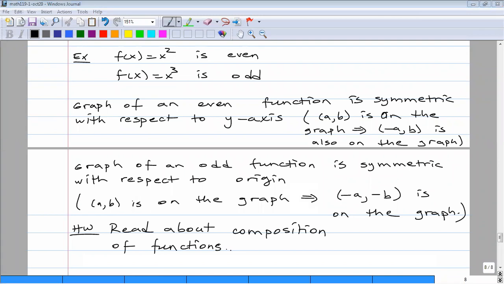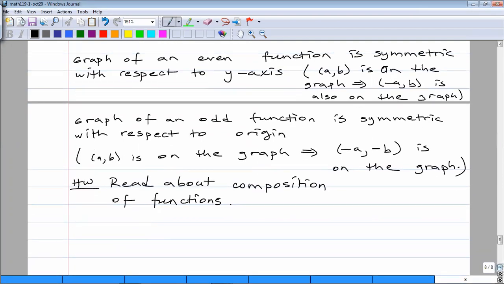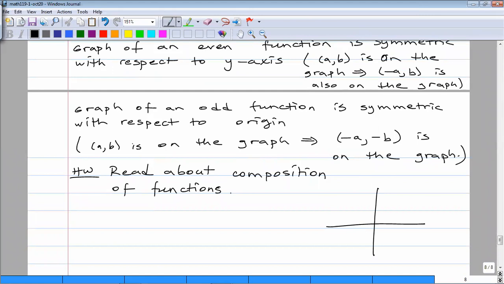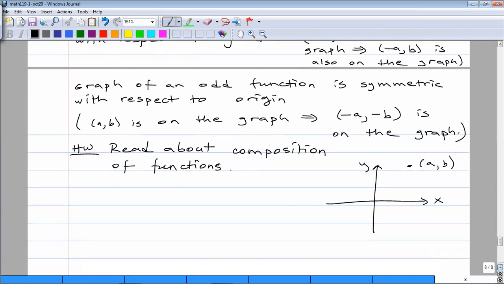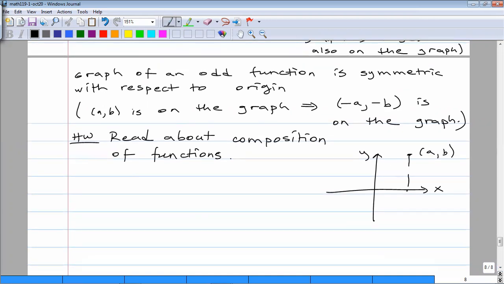I have a question. Yes, go ahead. What does symmetric with respect to origin mean? Exactly what I wrote down. Whenever you have a point (a, b) on the graph, the point (minus a, minus b) is also on the graph. So if you have the point (a, b), the point symmetric to it with respect to the origin is the point (minus a, minus b).